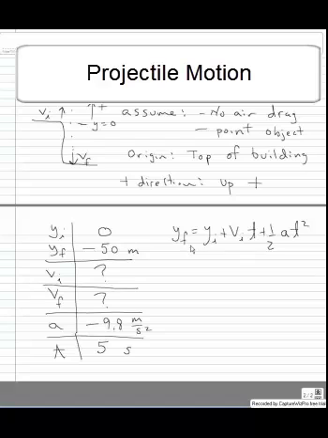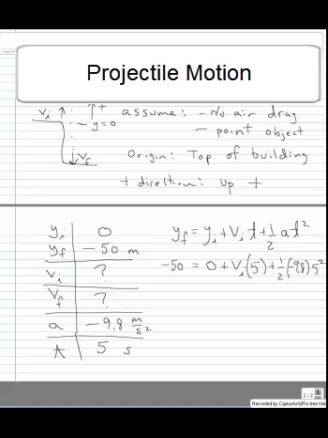So we have all the information except for V initial, and we can plug everything in and solve and have V initial. So I've got minus 50, 0 for Y initial. I think I plugged everything in correctly.